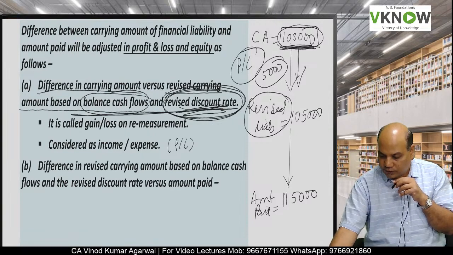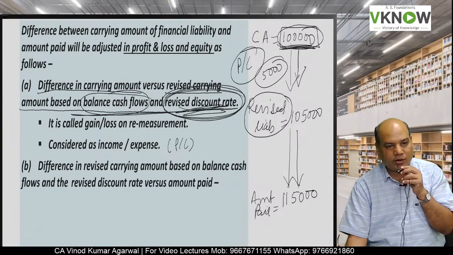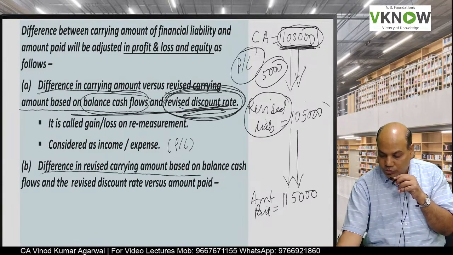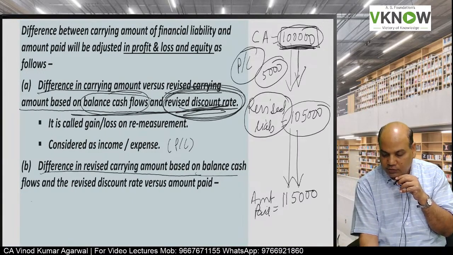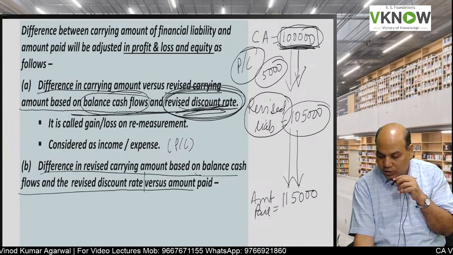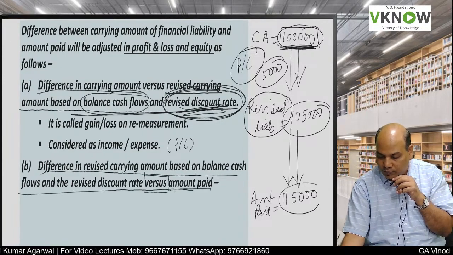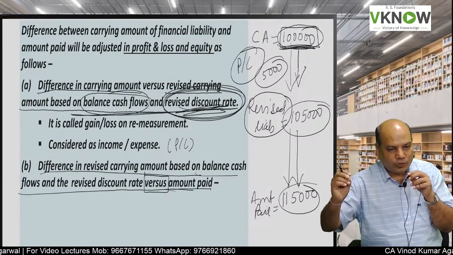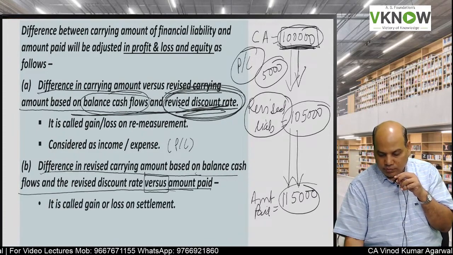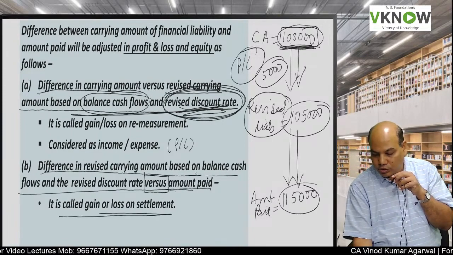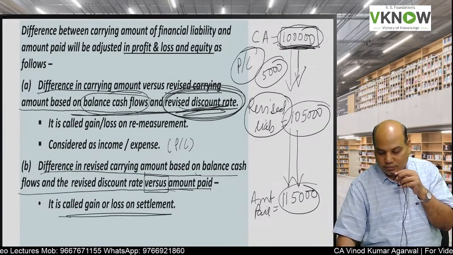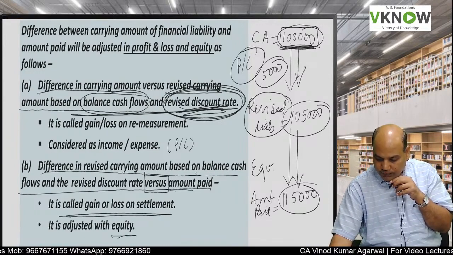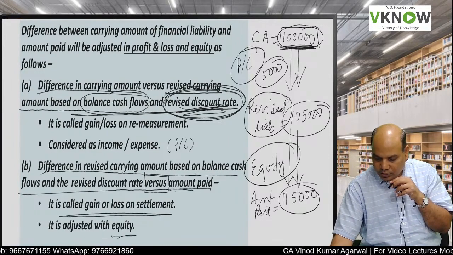But what about the difference between 1,05,000 and 1,15,000? The difference between the revised value of liability and the amount paid is called gain or loss on settlement, and it will be adjusted within equity. Sir, why is it adjusted within equity?